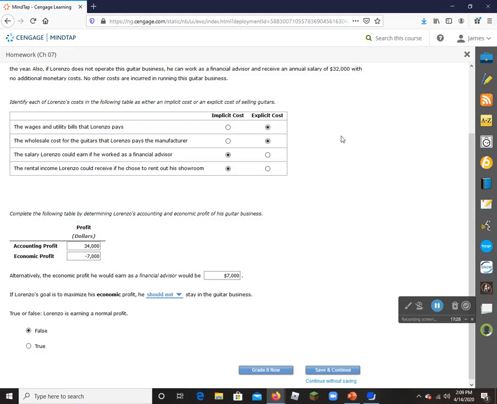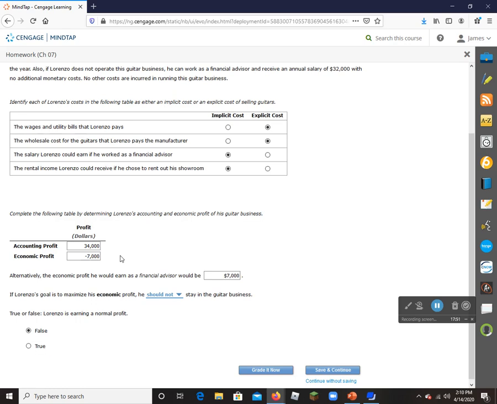That's where total revenue minus implicit and explicit cost is exactly equal to zero. If that were the case, if this number here were zero, Lorenzo wouldn't be any better or worse off financially by shutting the business down. He'd still make the same amount of money.